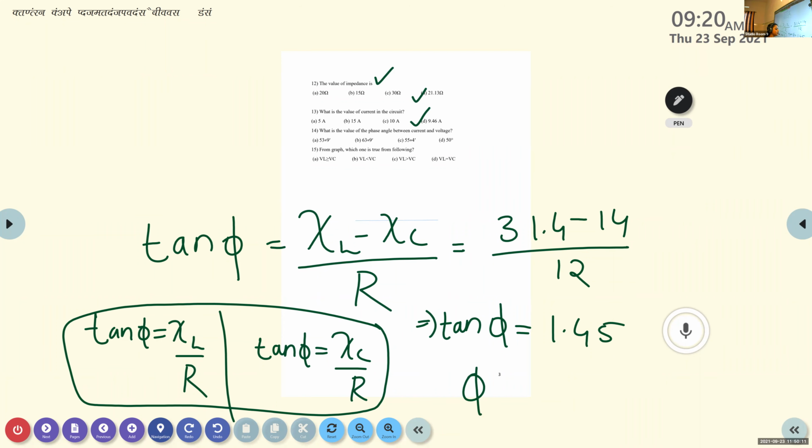Or phi is equal to tan inverse 1.45, that is equal to 55 degree 4 minutes. You can use the logarithm table for doing the calculation during examination.